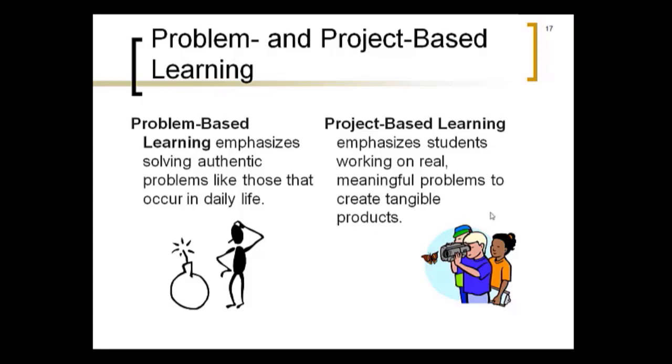So maybe if the problem we're trying to solve is hunger, maybe worrying about food shortages, that kind of thing, you could actually do a project where you could film a video, where you could make a commercial, where you could have a fundraiser, where you could create like a food closet kind of pantry, food pantry kind of thing. Something that you could do for the community, where you could actually produce something, and then students would solve a problem and feel great about having a tangible outcome that they can be proud of.